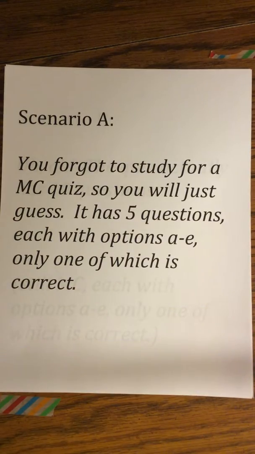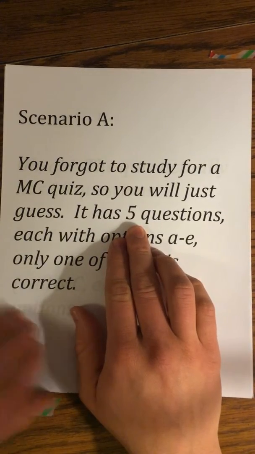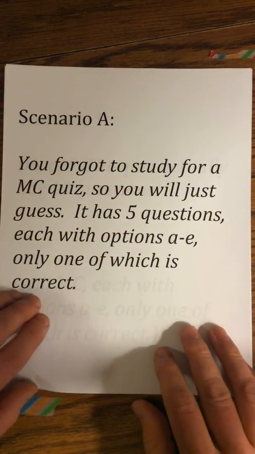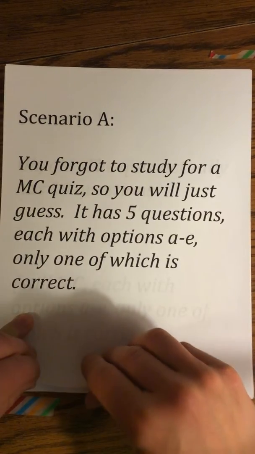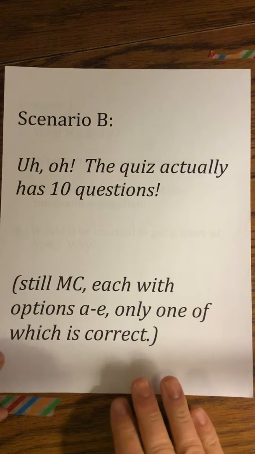If you remember from the previous videos, we started with a scenario where we had 5 multiple choice questions, and we wrote out all the different ways to get 2 of those 5 correct. We realized there's quite a few options there. Then in scenario B, there's 10 questions instead of 5, and suddenly it got a whole lot more difficult, and we didn't even want to try to write them out.